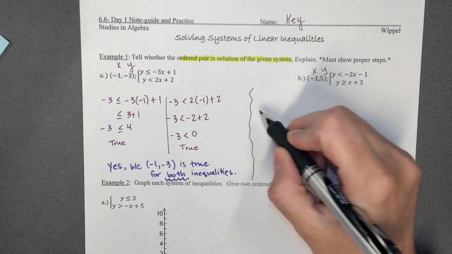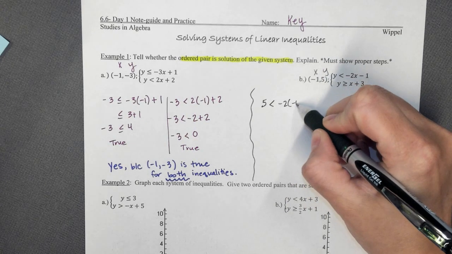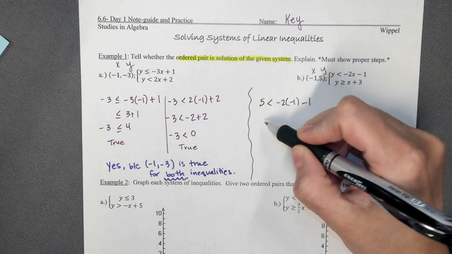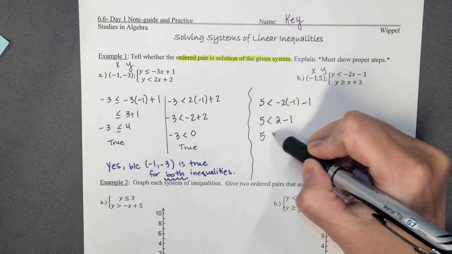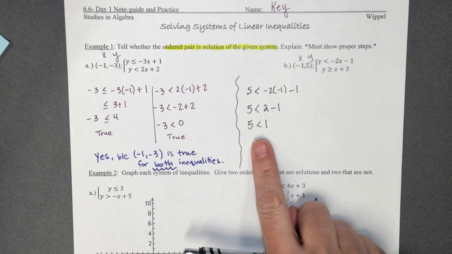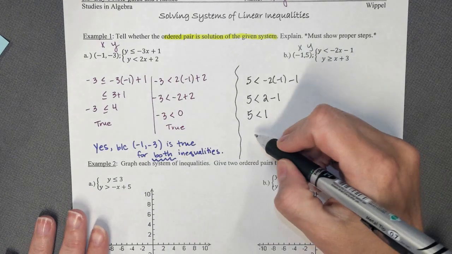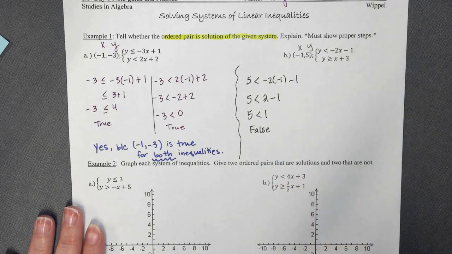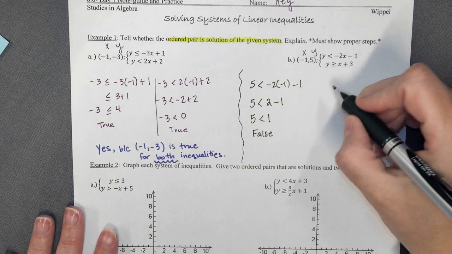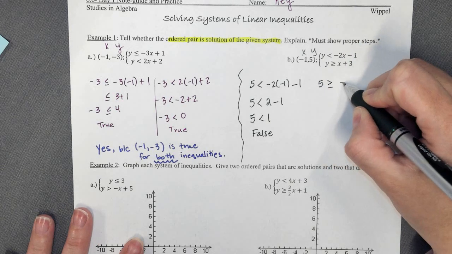Alright, so let's check to see how you did. Alright, and then Reagan, you want to tell me if you said true or false for that first one? Good. So it says 5 is less than 1. That's obviously not true. Right? And then, Gabe, what'd you get for the second one?